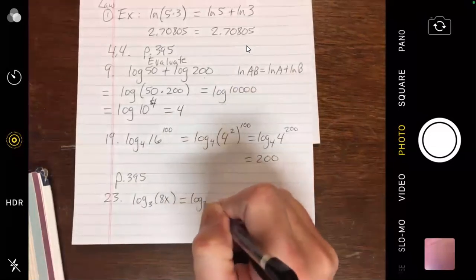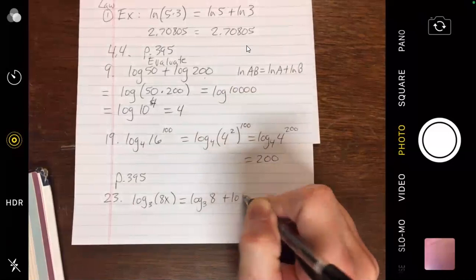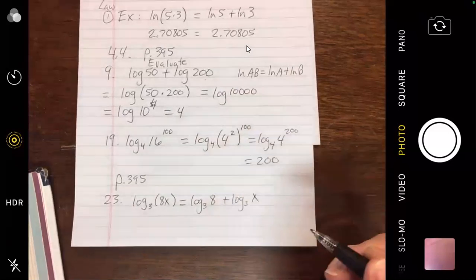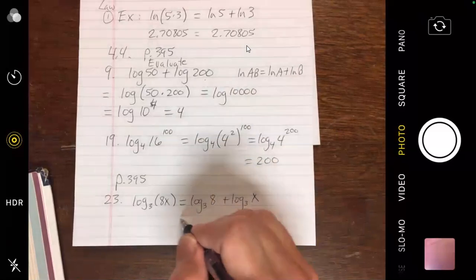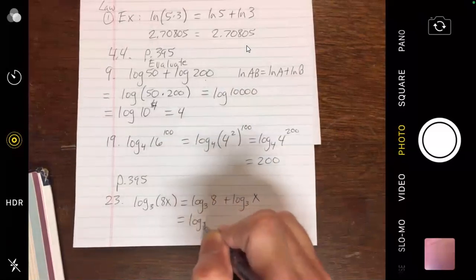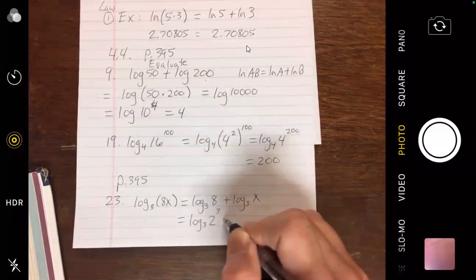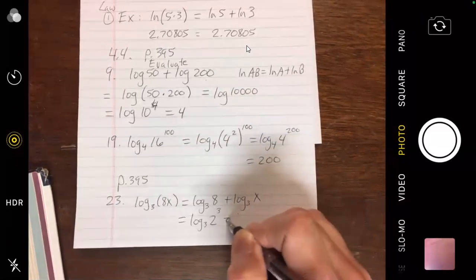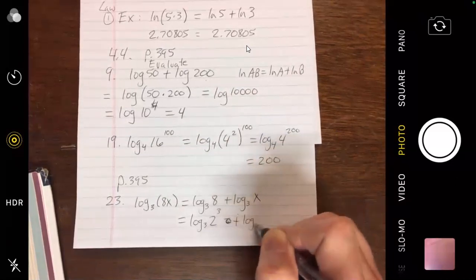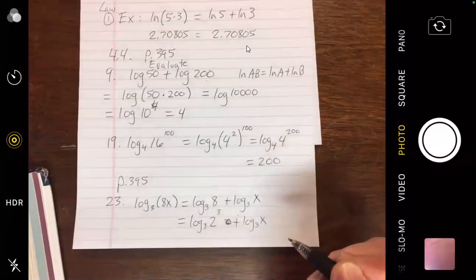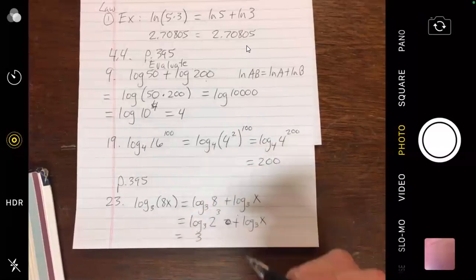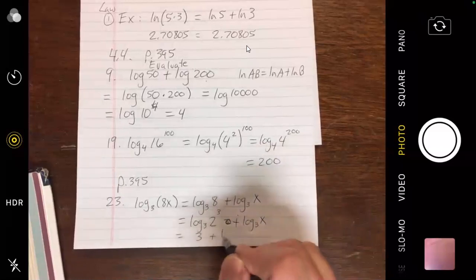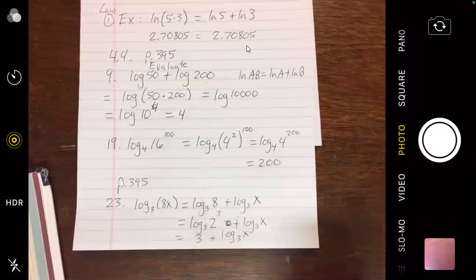Log base 3 of 8 plus a log base 3 of x. Well, they've cooked this to work out a little bit. That's a log base 3 of 2 to the third plus log base 3 of x. And this is equal to 3 because these undo each other. Log base 3 of x.